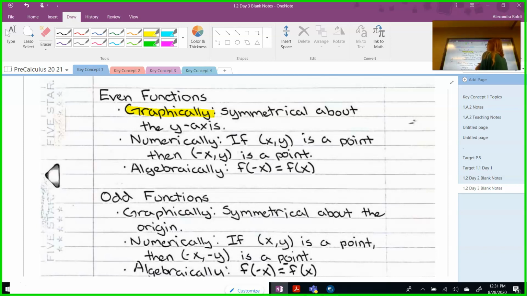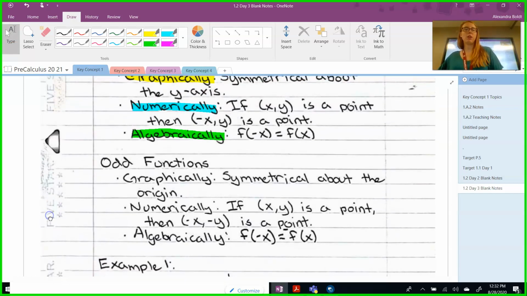Numerically, if x, y is a point, then negative x, y is also a point. And again, we'll look at that when we look at our graphs. And then we have algebraically. For algebraically, we see if f of negative x is actually equal to f of x. And if that's true, then it is an even function.